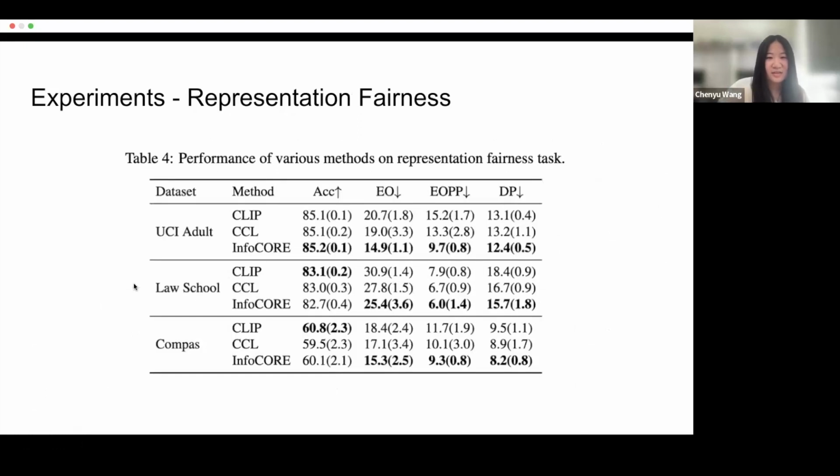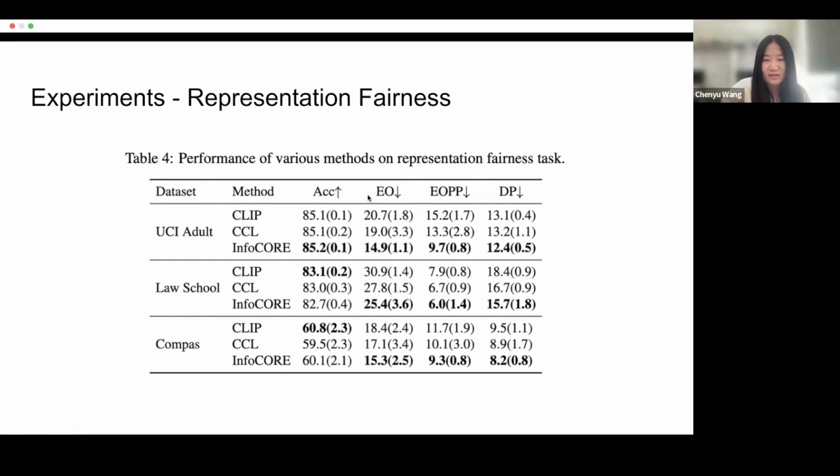And finally, to show that our model can be applied in more general cases, we also do some experiments in a non-drug related domain, which is representation fairness. We use several standard fairness data sets, where here the sensitive attribute is no longer the batch, but the race and gender of the data point.